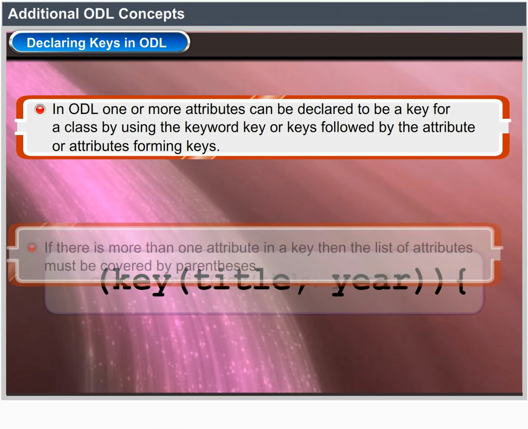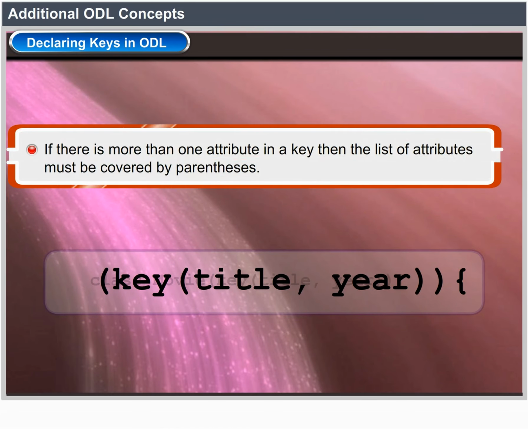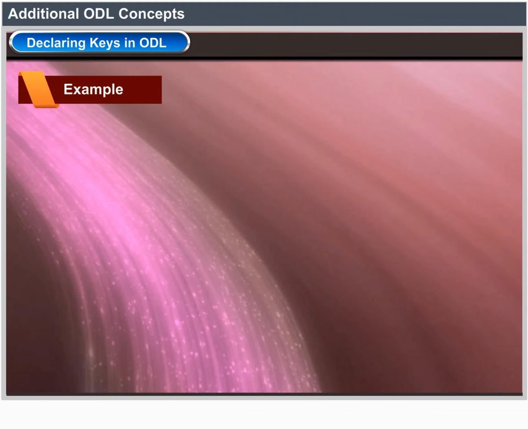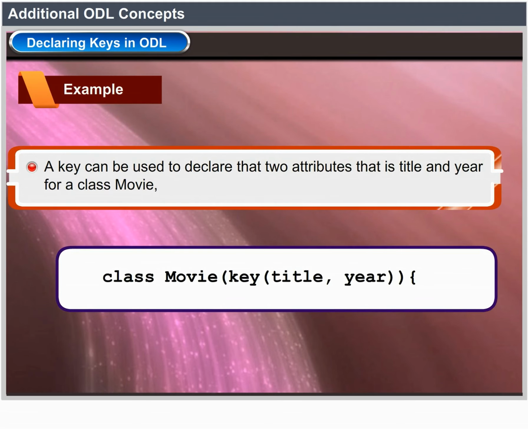If there is more than one attribute in a key, the list of attributes must be surrounded by parentheses. The key declaration itself appears inside parentheses following the name of the class itself in the first line of its declaration.